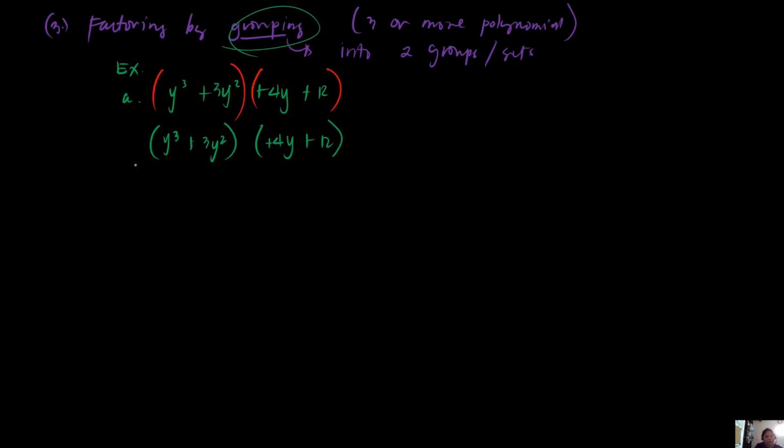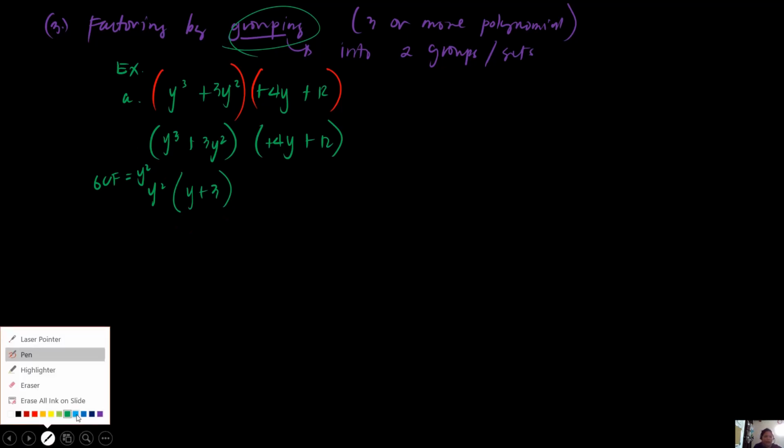The GCF there is y squared. y squared is outside, then y plus 3. When we distribute y squared inside the grouping, we will come up with the original expression. Okay.